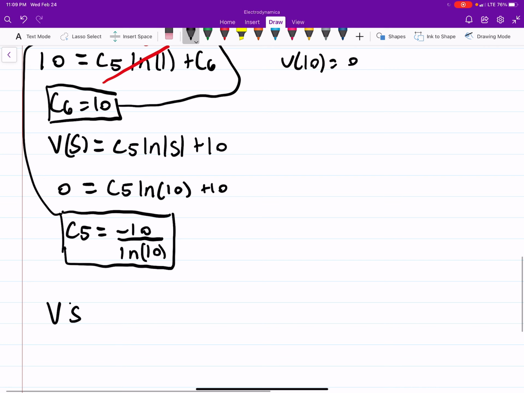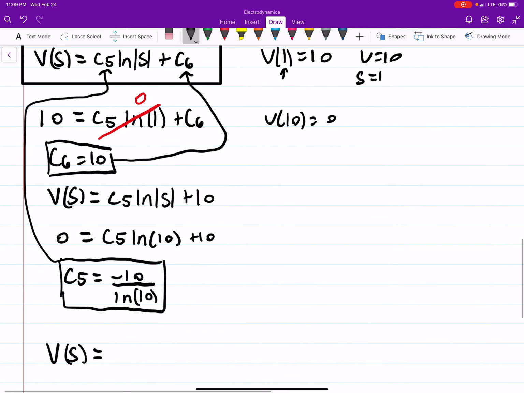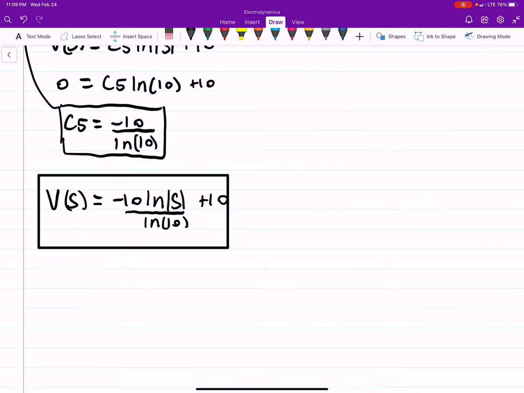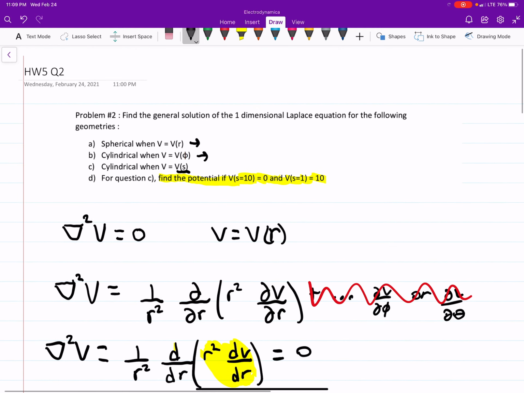And finally, we get our potential as a function of s is negative 10, the natural log of s, over the natural log of 10, plus 10. So using these initial conditions, we're able to find our V of s. So pretty straightforward problem, not too bad.